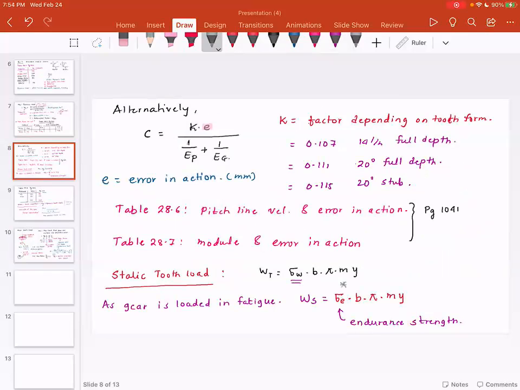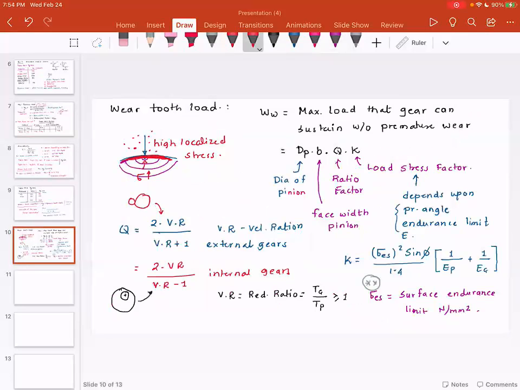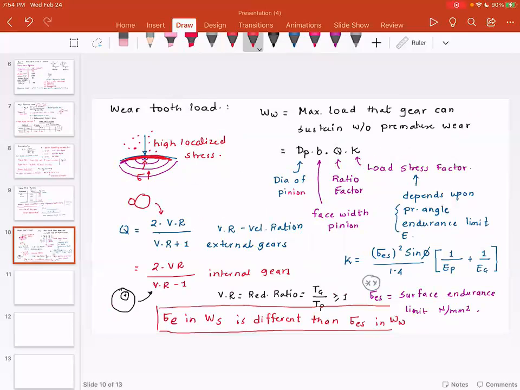So I just have to note here, sigma E in WS is different than sigma ES in WW. So please remember this. And I will explain to you why they are different.